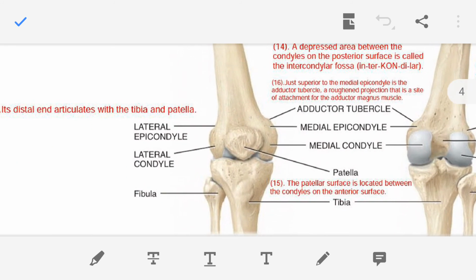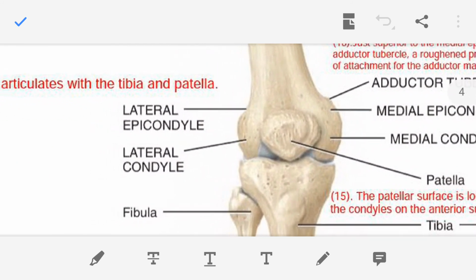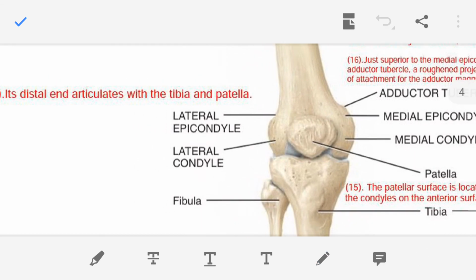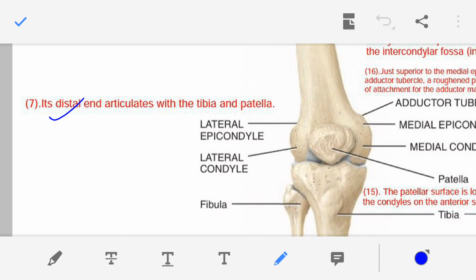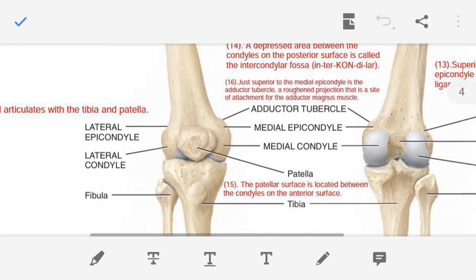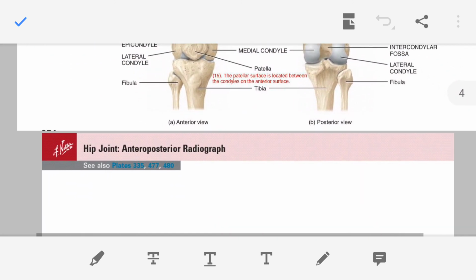I am zooming so that you can see it properly. This one is the tibia and this one is the tella. So the distal end of the femur articulates with the tibia and tella. Seventh point.